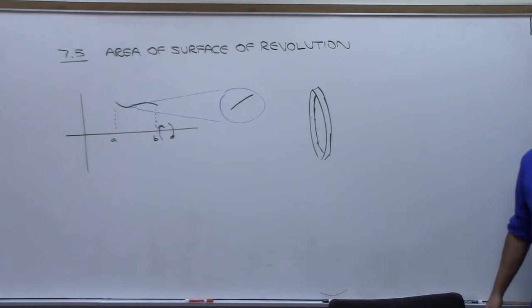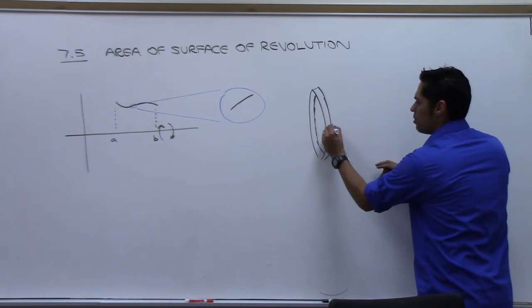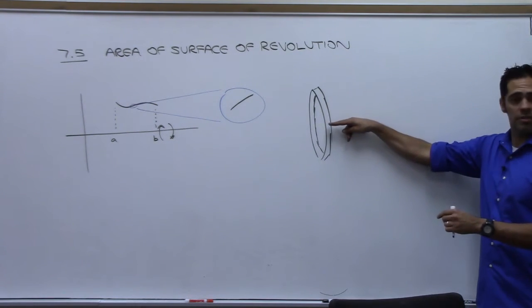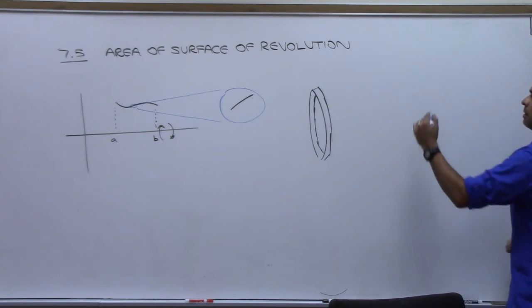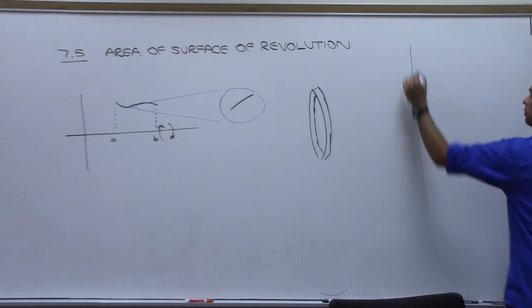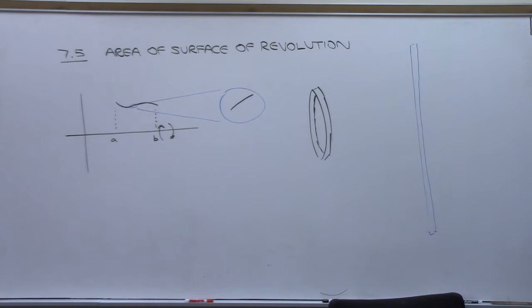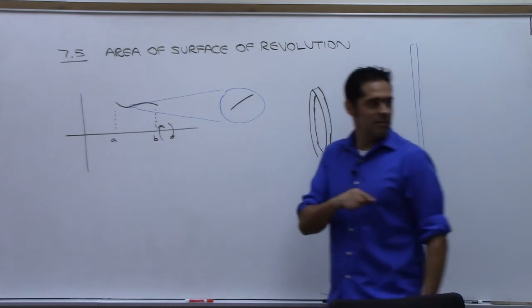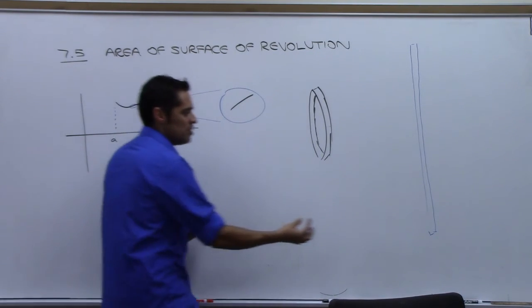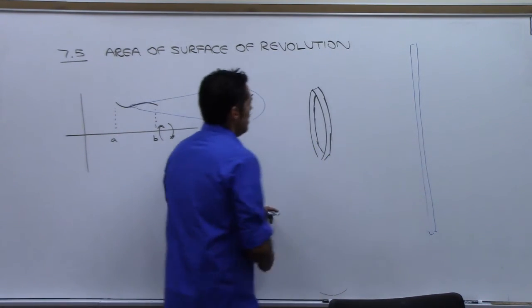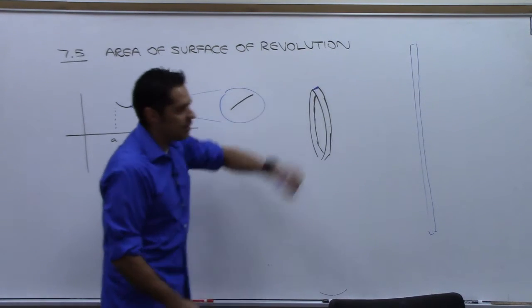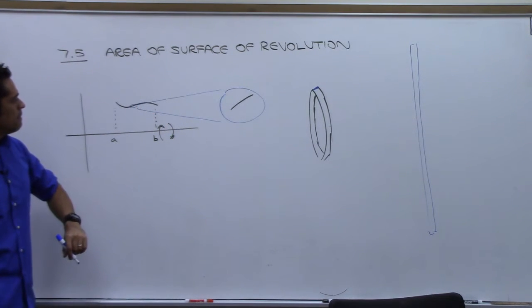So what would the surface area of that rubber band be? Why don't we cut it open and lay it flat? We've done that before, right? Just come in here with some imaginary scissors, clip it right there, just one edge, lay it out flat. It would look something like this. Can you tell me what the area of this would be? Length times width, right? So you're tempted to use dx to measure this. But is this actually dx?